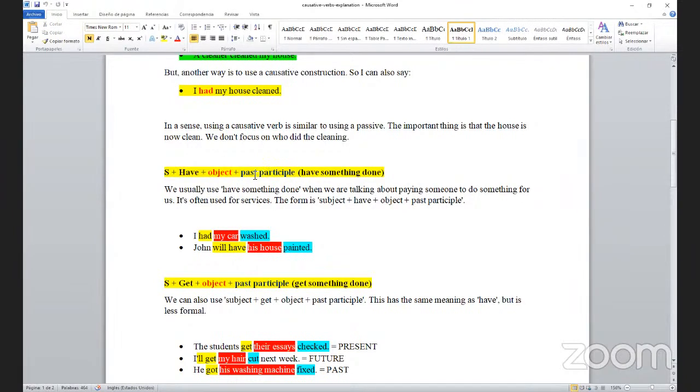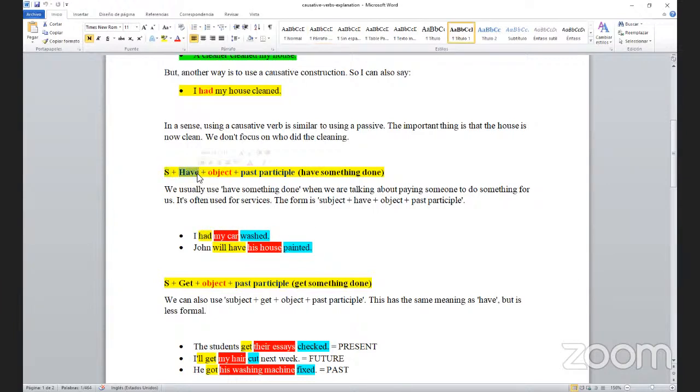Always we use the verb in past participle. So, I have these examples. I have my car washed. First, the subject, I.